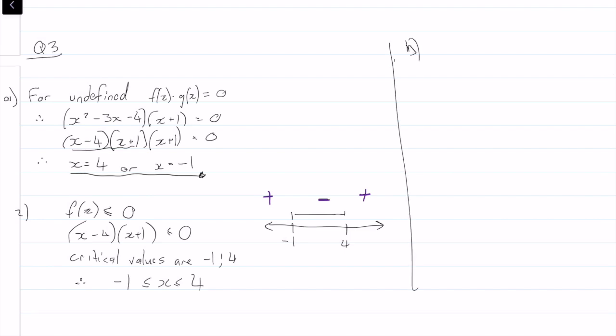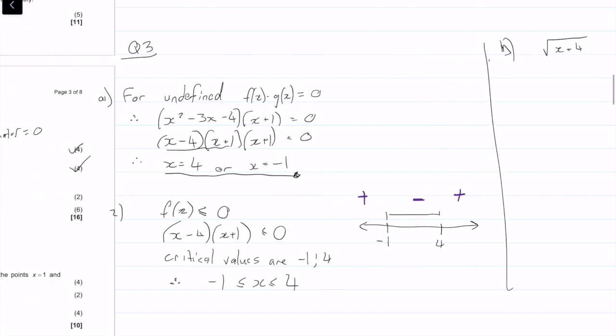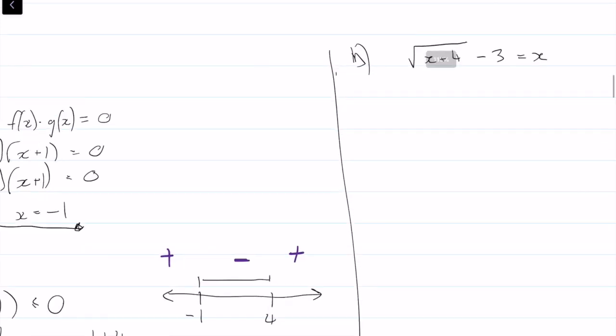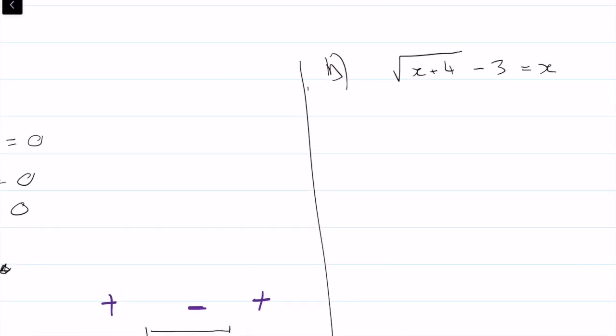And we know that the equation is the square root of x plus 4 minus 3 is equal to x. Okay, remember that anything under a square root sign must be positive. So anything under this must be positive because we can't take the square root of a negative number.